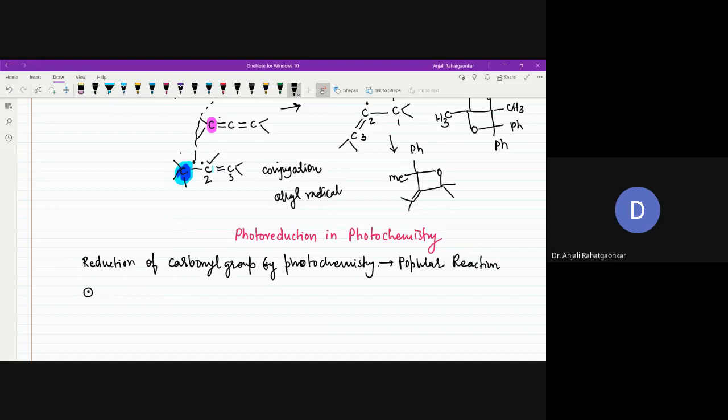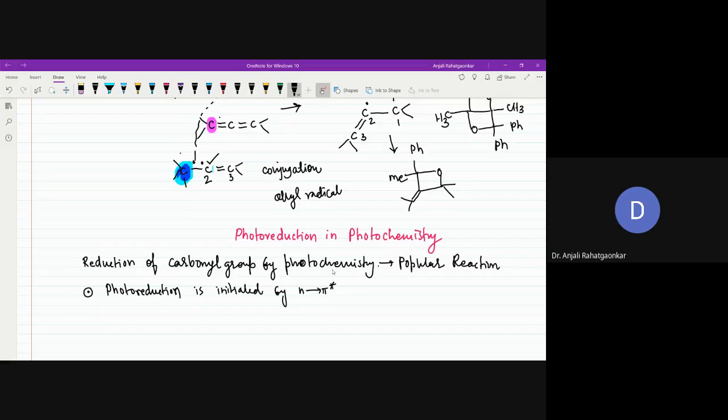So similarly, the photoreduction also has some peculiar characteristics, and let us see those characteristics. Now again, the photoreduction reaction is initiated by an n-pi transition.